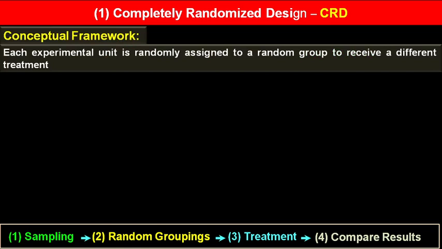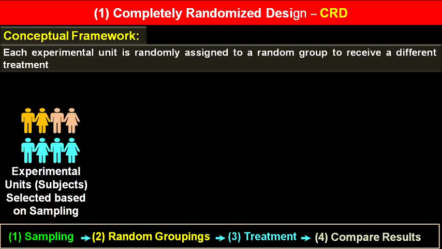Each experimental unit is randomly assigned to a random group to receive a different treatment. So please remember this basic rule. We have taken an experimental group that is called subjects, that is selected based on sampling. The first step in this design is sampling.